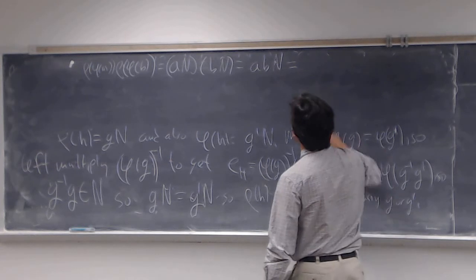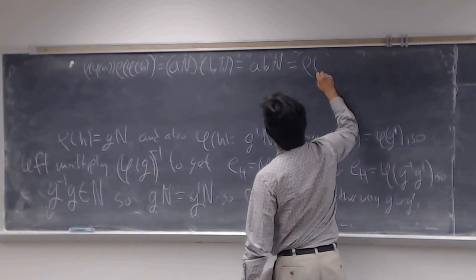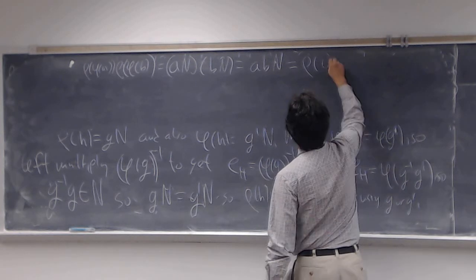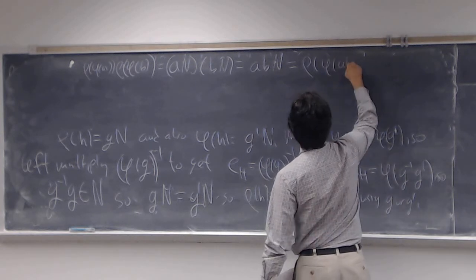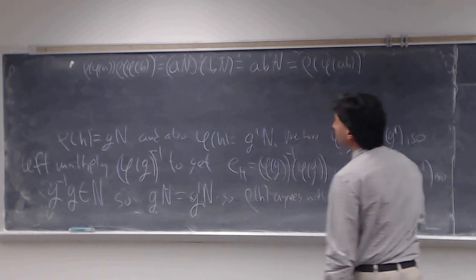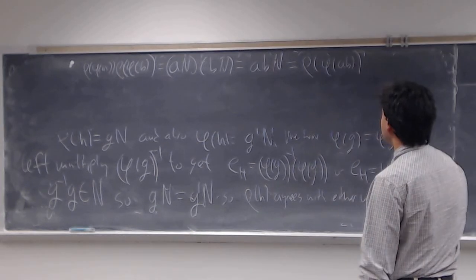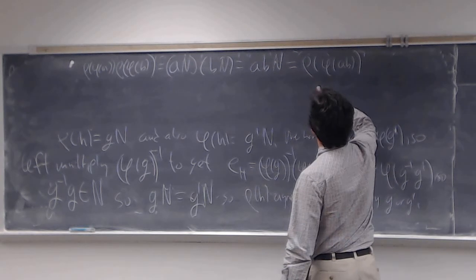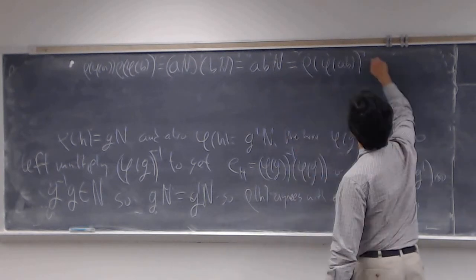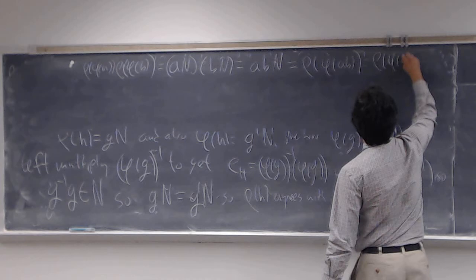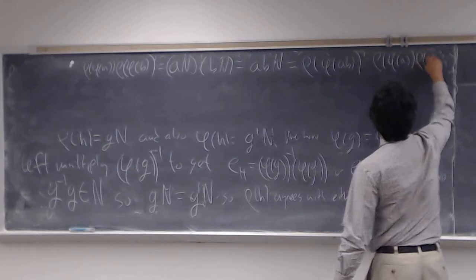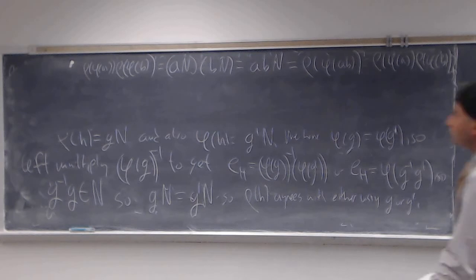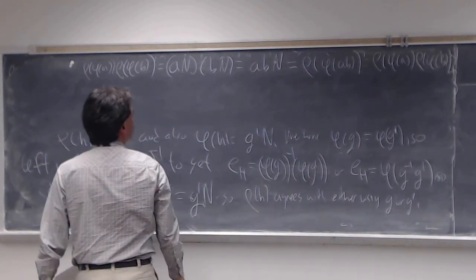But this is just going to be rho of phi of ab, because that's my mapping, right? I look at phi of ab, and rho of that is the coset determined by ab.